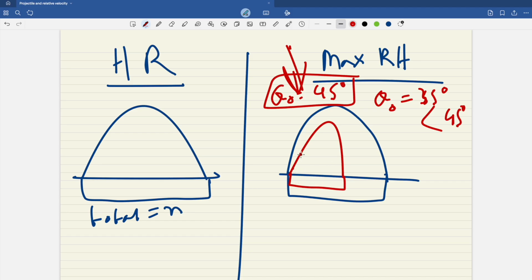So for this theta, it collapsed the maximum, and when it collapsed the maximum at x, we call it the maximum horizontal range. So it is the maximum distance covered at x by a projectile motion.